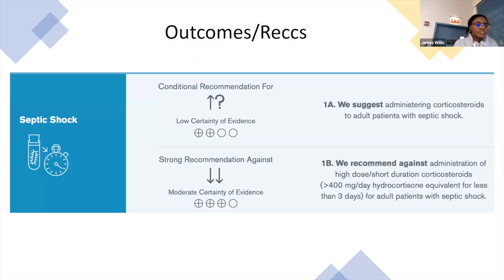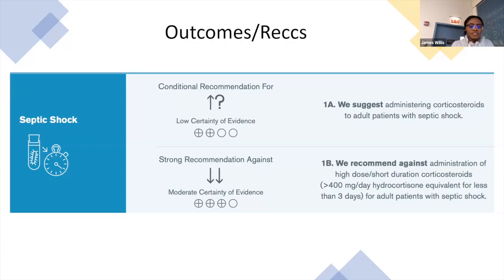So they basically framed all of their recommendations using the GRADE framework. They suggested administering corticosteroids for adult patients with septic shock. Essentially, they looked at 46 randomized controlled trials comparing corticosteroids to placebo.